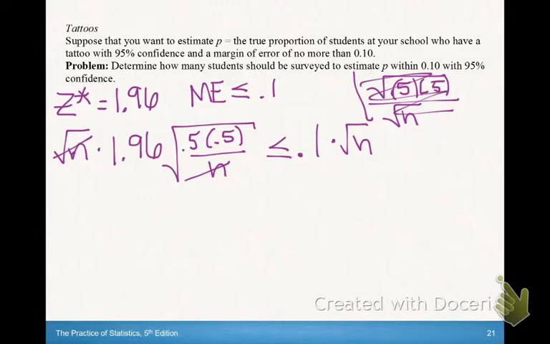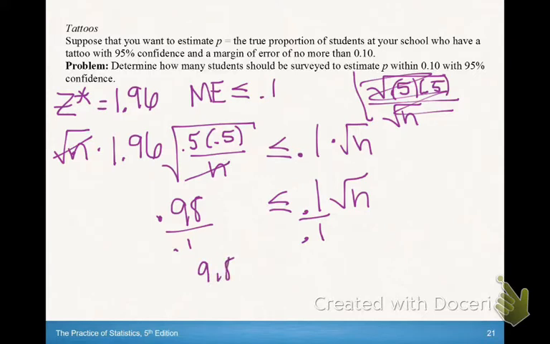Okay, so I got on this side 0.98 is less than or equal to 0.1 times the square root of n. So now I'm going to divide by 0.1, and I get 9.8 is less than or equal to the square root of n. So now I got to square both sides. So I get 96.04 is less than or equal to n. So n has to be greater than or equal to 96.